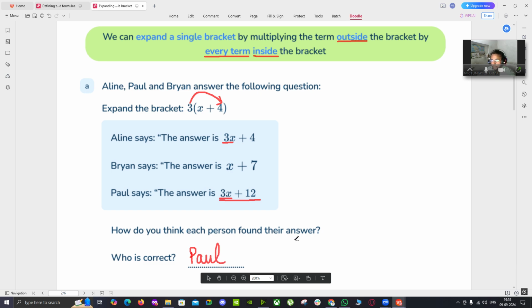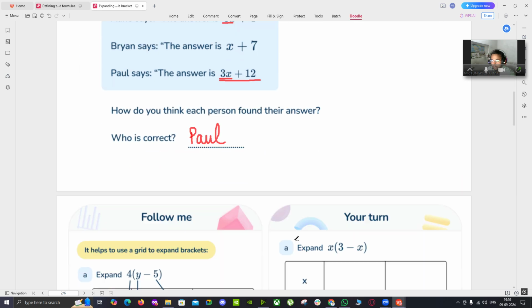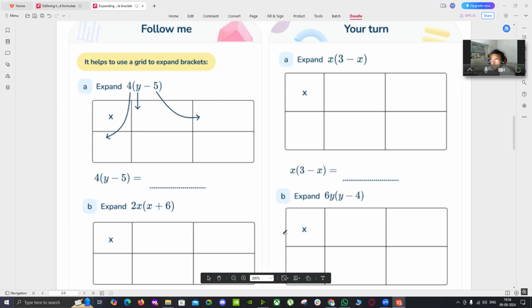Alright, so let's try one more question. Follow me here. It helps to use a grid to expand brackets. There is a method which we can use here to expand brackets and understand it in a better way.